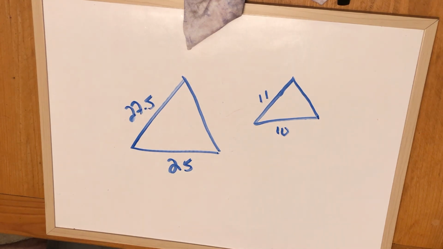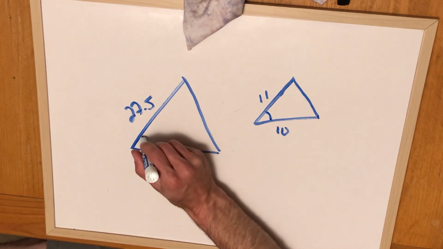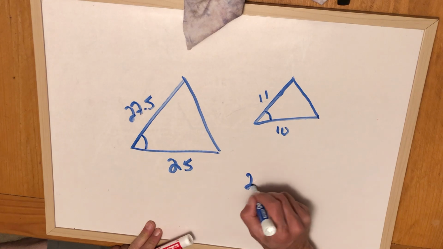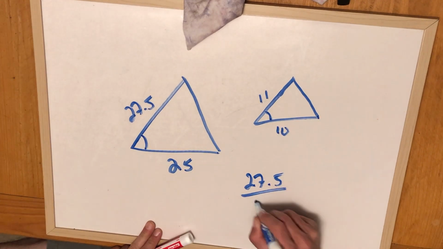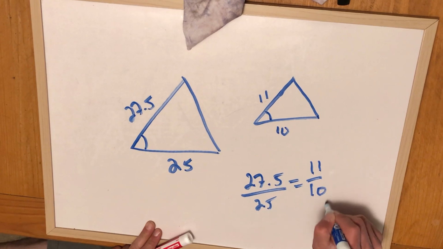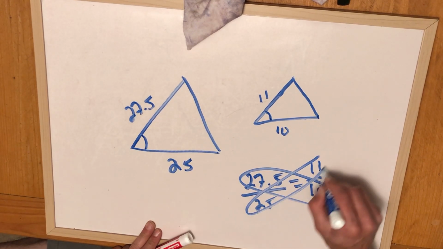So then it says this angle is congruent to this angle. So if you were to set this up, 27.5 over 25 equals 11 over 10, which is true. If you cross multiply, they will equal each other.